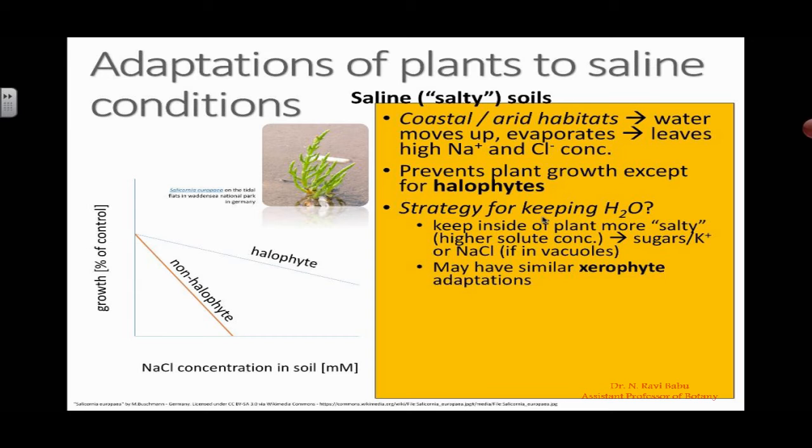So, halophytes are special type of plants which grow on soils with higher concentration of salts. Examples are Rhizophora, Sonneratia, and Avicennia.